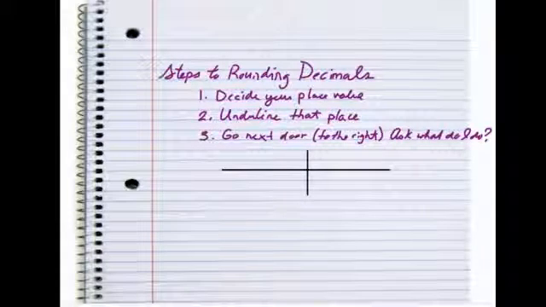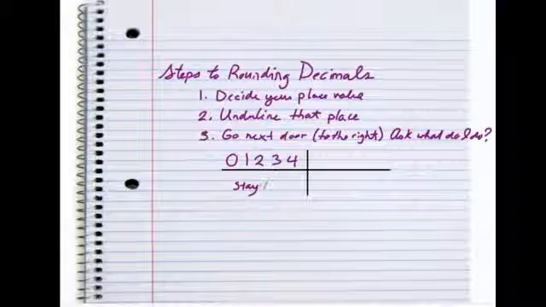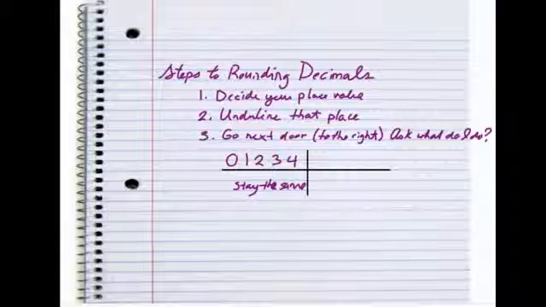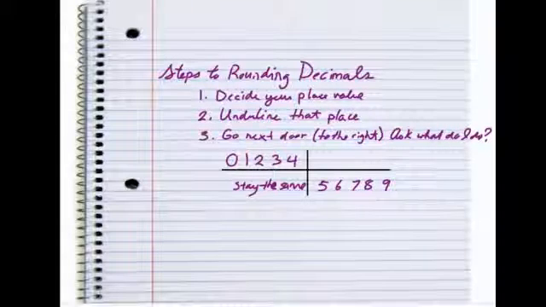If the number next door is 0, 1, 2, 3, or 4, the number you underlined is going to stay the same. And you're just going to cut off all those extra digits that are beyond that point. However, if the number next door is a 5, a 6, a 7, an 8, or a 9, you're going to round up the number that you underlined by 1 digit.